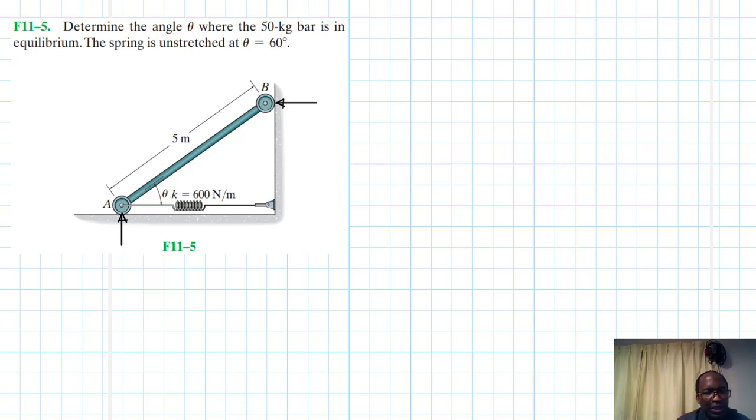Let's do a section like so. Once we do a section there, we are going to have some spring force like so, there and there.